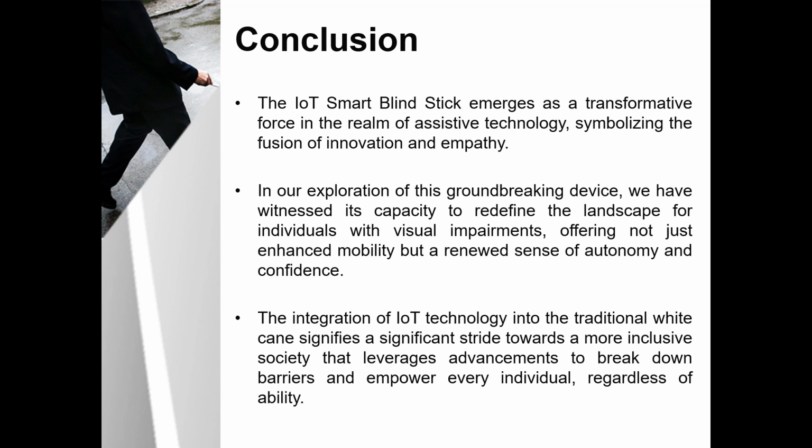The integration of IoT technology into the traditional white cane signifies a significant stride toward a more inclusive society that leverages advancement to break down barriers and empower every individual, regardless of ability.